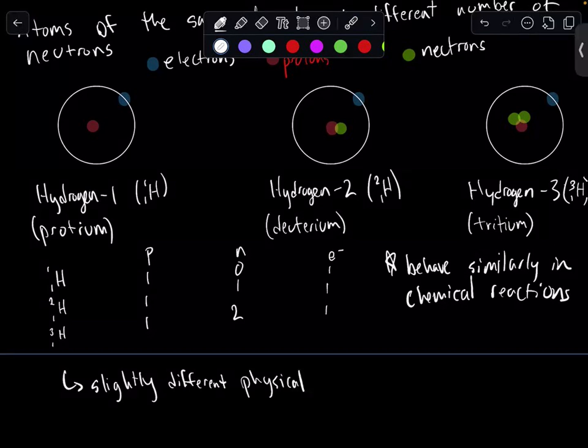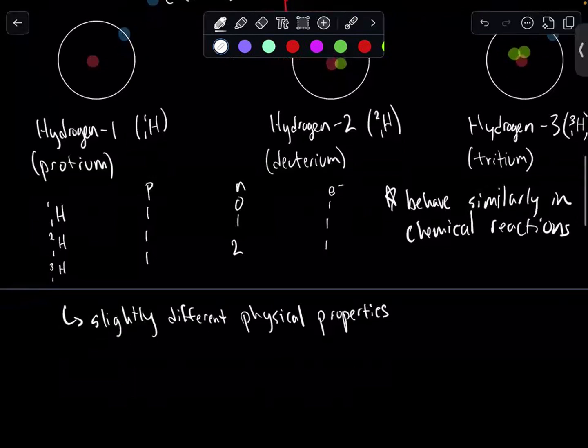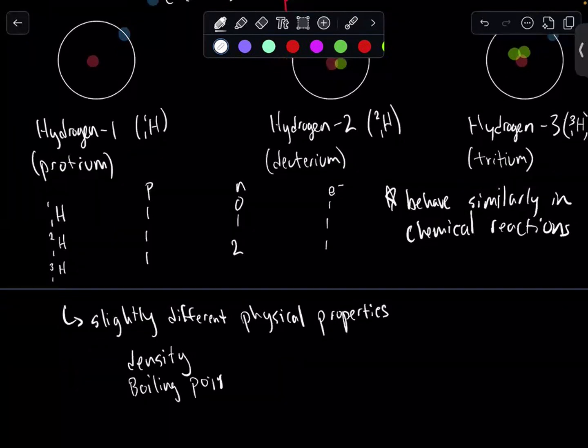Now, what I'm referring to here are like density, boiling point, and melting point.